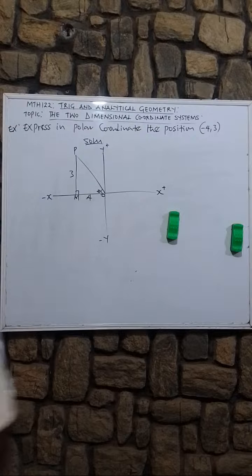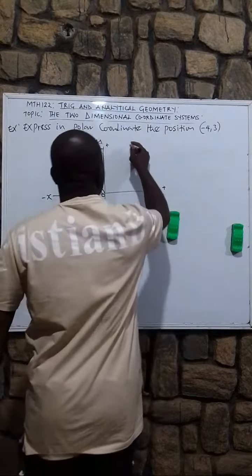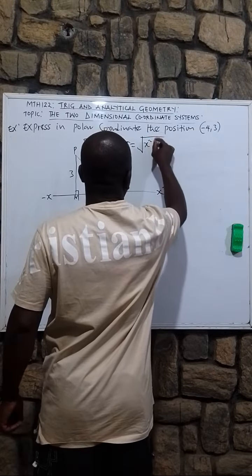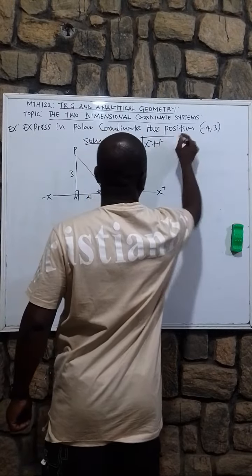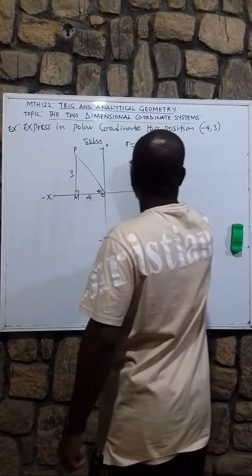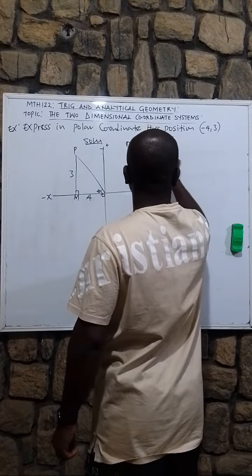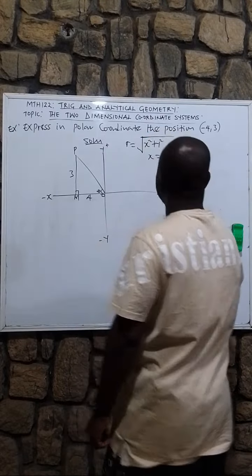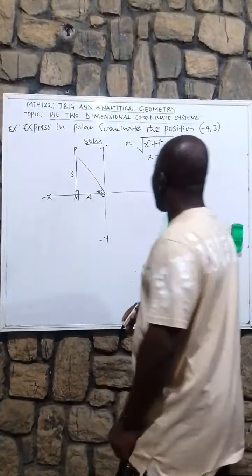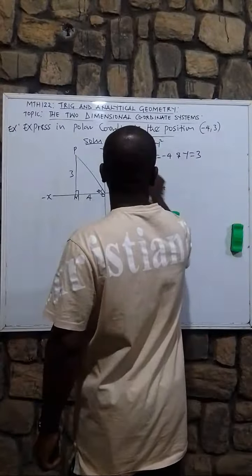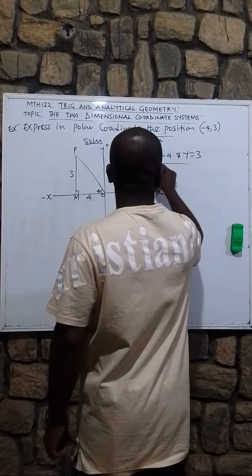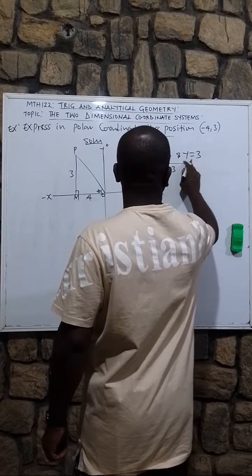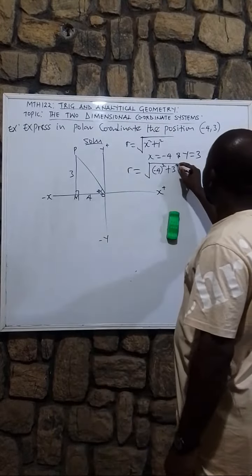So what we need to do is r is equal to the square root of x squared plus y squared, right? Where x is equal to minus 4 and y is equal to 3. So far so good. r will now be equal to the square root of open bracket minus 4 all squared plus 3 all squared.